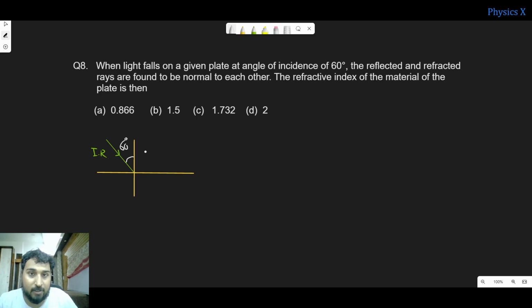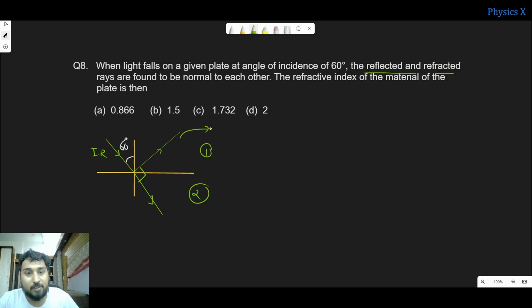So he's telling that some of the rays will get reflected back, right? And this is your first medium, this is your second medium, and he's telling that the refracted and reflected rays are found to be normal. So suppose this is your refracted ray, and the angle between this is 90 degrees.